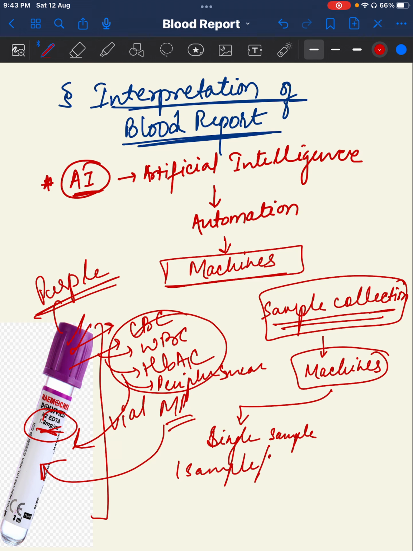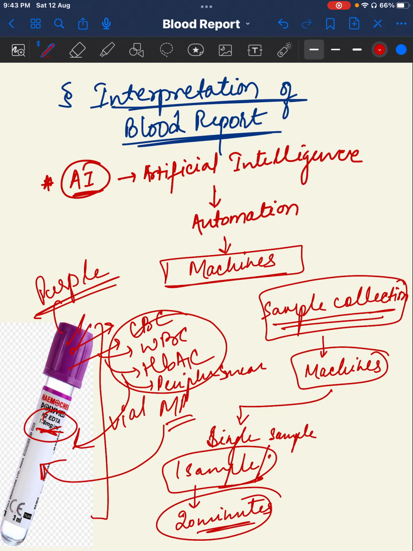If it is one sample at a time, then you get the report in 20 minutes. If there is no serious concern, and if the doctor does not want to confirm the findings through the peripheral smear, then the report is done in 20 to 30 minutes maximum.